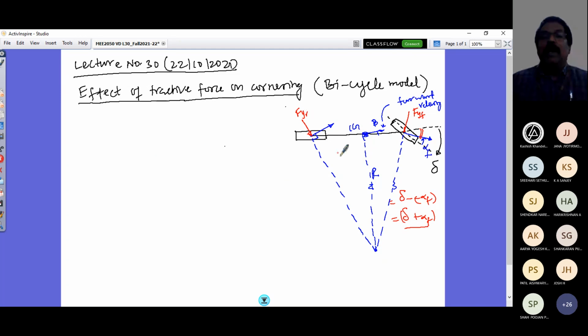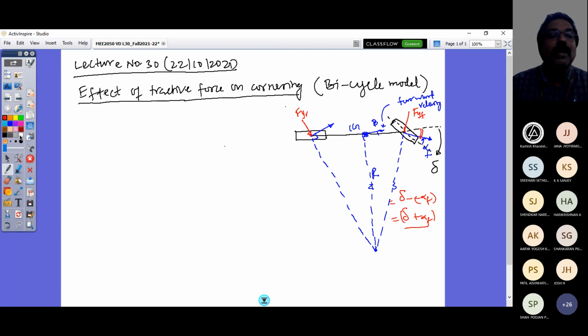And now I have to consider my drive forces. The drive force I'm going to consider along the wheel plane of the tire. It is not going to be acting like that; along the wheel plane, it will be acting. So let me use a different color to represent my drive force.